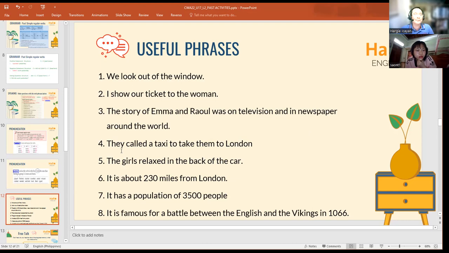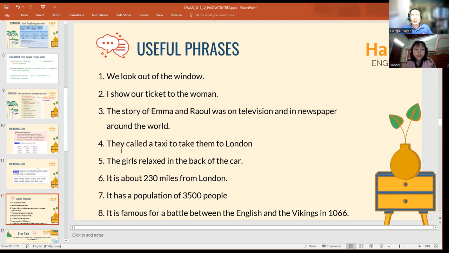Okay, number 4. They called a taxi to take them to London. So what does it mean? I think they want to travel to London and they call a taxi to go there.